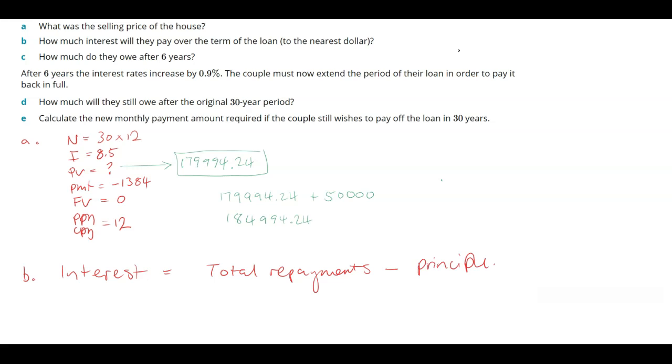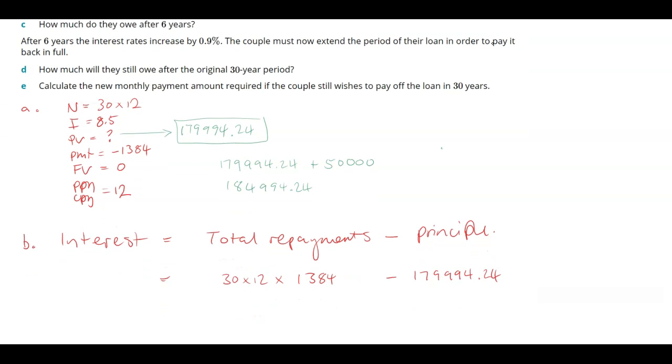Effectively they gave us that principal, so they made a loss at that point. The bank was in negatives, but then they got all of that money from us. So the difference is their profit. To get the total repayments, you've got 30 times 12 times the repayment, which is 1384, and then take away the principal value, which was 179,994.24, and that difference will give you the interest.